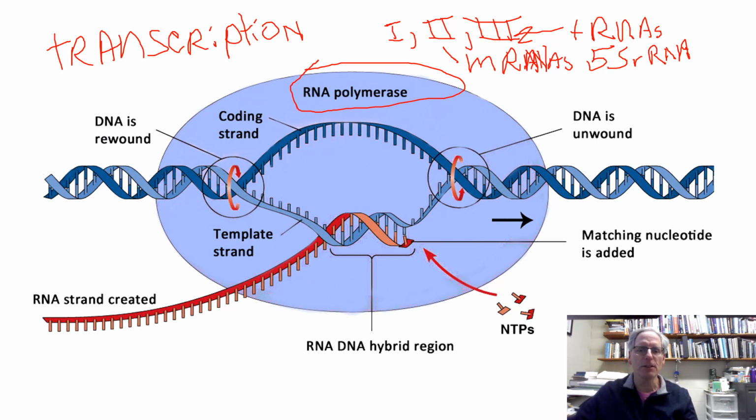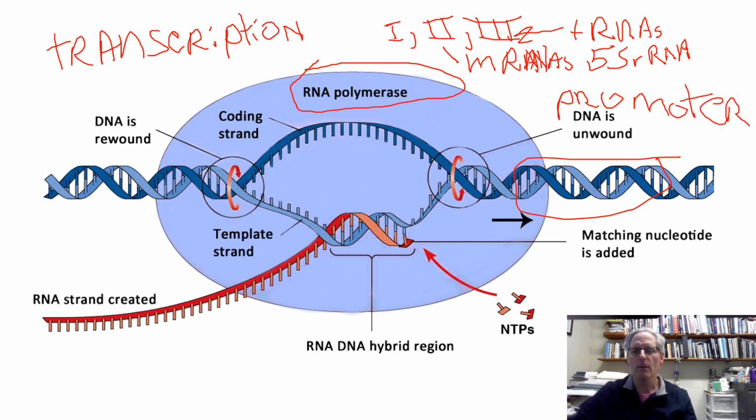These RNA polymerases begin at a sequence of DNA. They engage the DNA at a sequence called the promoter. The promoter is bound by proteins called transcription factors, which we're just going to abbreviate TFs.